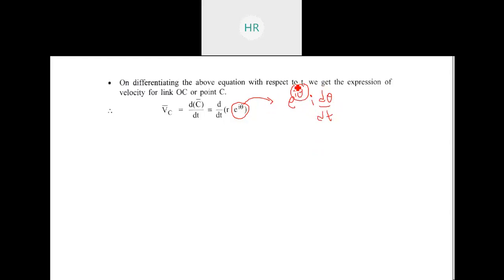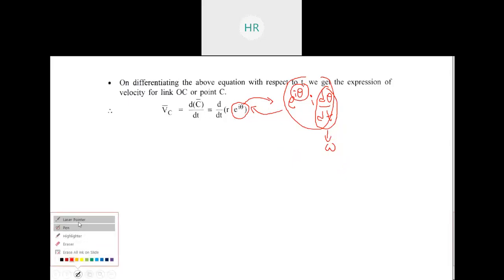So this is the complete differentiation of this term. Now if you recall d theta by dt, this term over here, this is actually angular velocity. Change in angle with respect to time is angular velocity omega. Okay. So this is the simple differentiation.